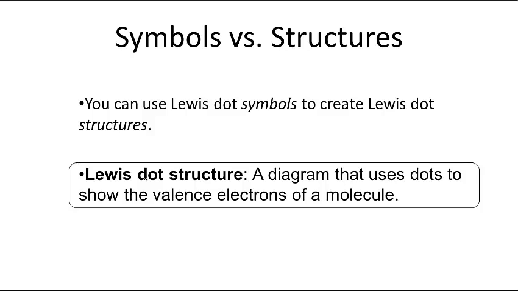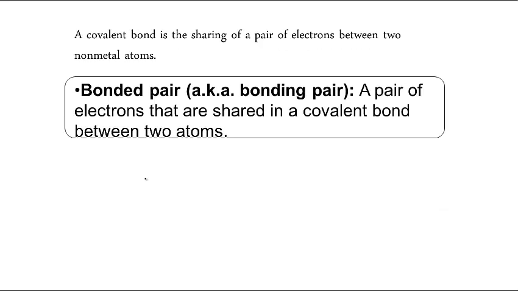And that Lewis dot structure is a diagram that uses dots to show the valence electrons of a molecule. So it's going to really help us understand how the atoms come together to form a molecule, similarly to the structural formulas that we learned about yesterday.